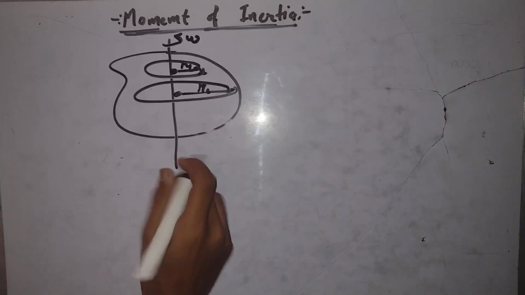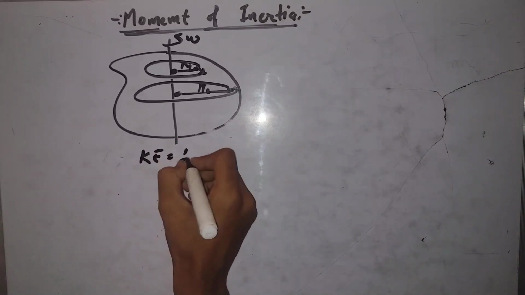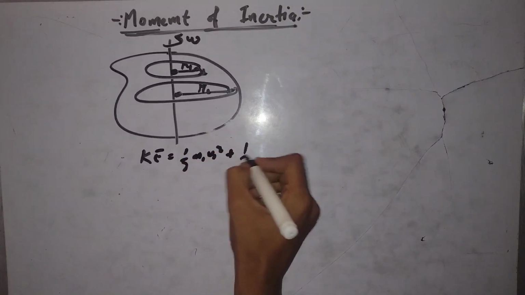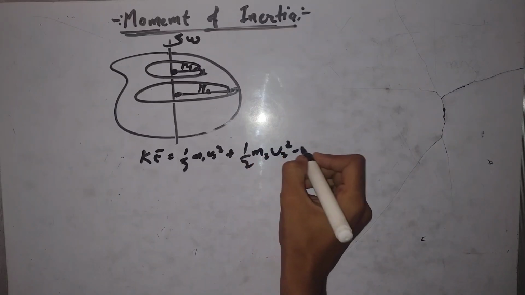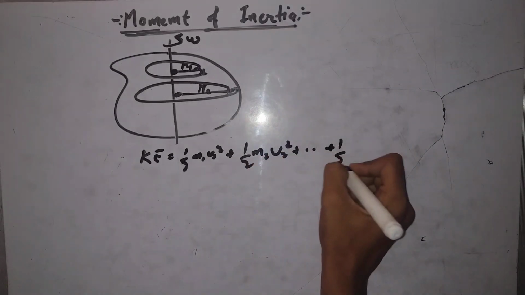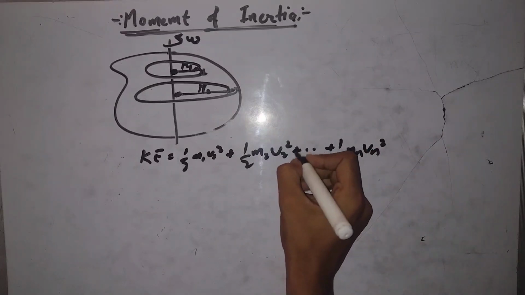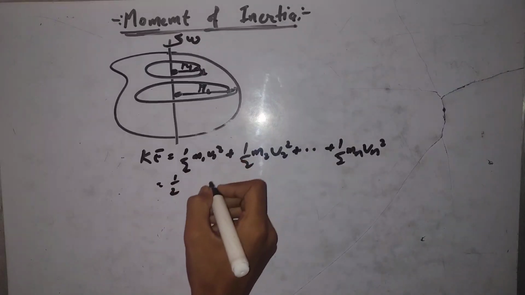So kinetic energy, let me write here. Kinetic energy equals kinetic energy of the first particle plus kinetic energy of the second particle, all the way up to kinetic energy of the nth particle. Now we can write v as omega into r.